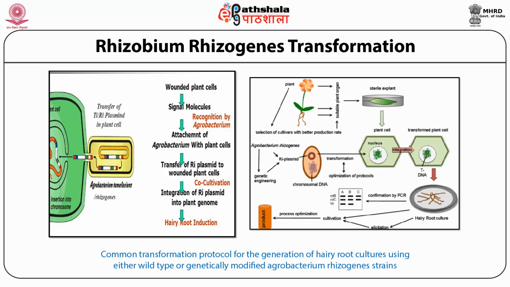As a result of the process of transformation, it enters the nucleus, and through the process of integration, it transfers a specific part of the DNA into the nuclear genome. Once the proper transformation takes place, the hairy root-like structure develops on the leaves or the infected part of the plant, which should be confirmed by PCR.